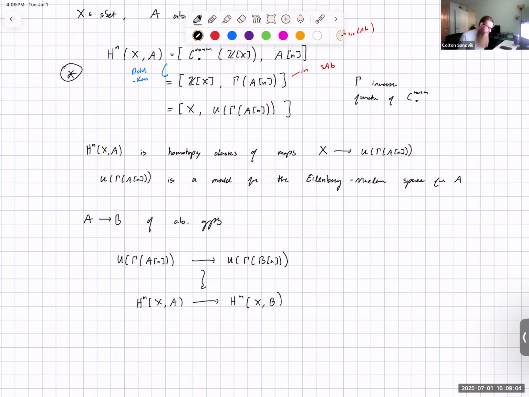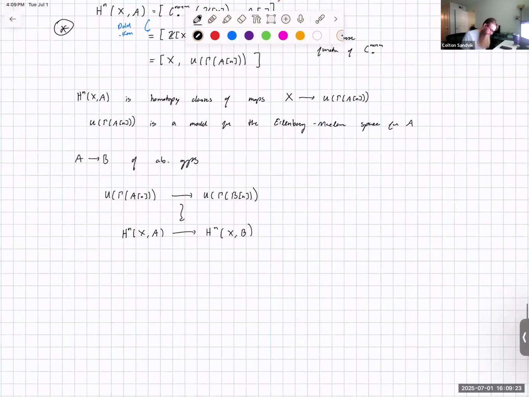But yeah, I think there are lots of slogans for how you think about these Dold-Kan correspondences. They're some way of transferring information from homological algebra to topology in a meaningful way.